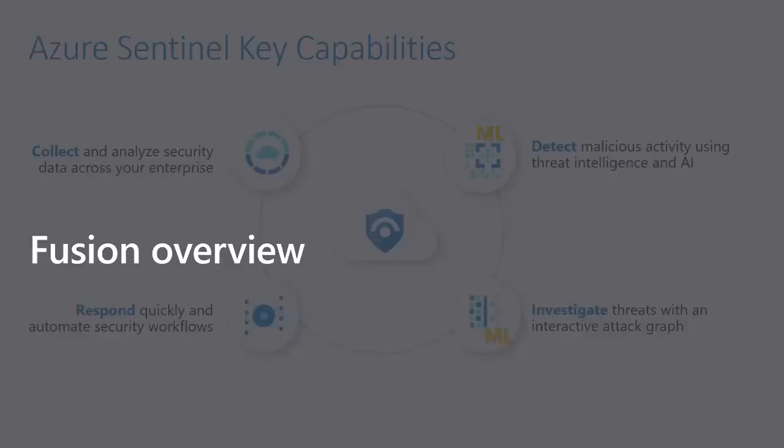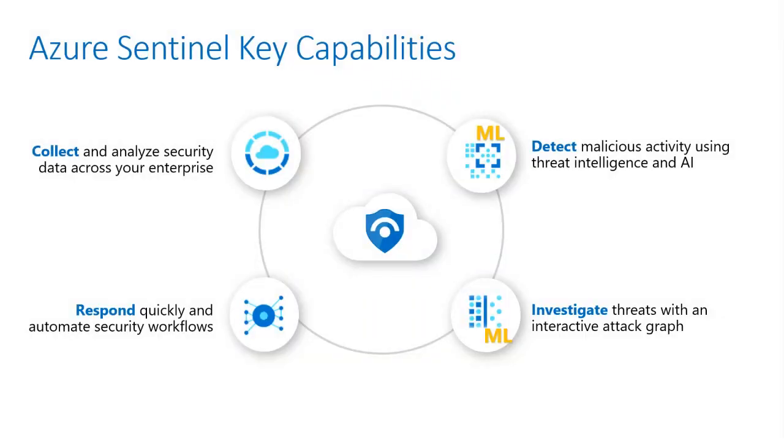So first, let's take a quick overview of Azure Sentinel Fusion. In Azure Sentinel, we have 4 key capabilities: collect, detect, investigate, and respond. Machine learning is applied throughout Azure Sentinel capabilities.